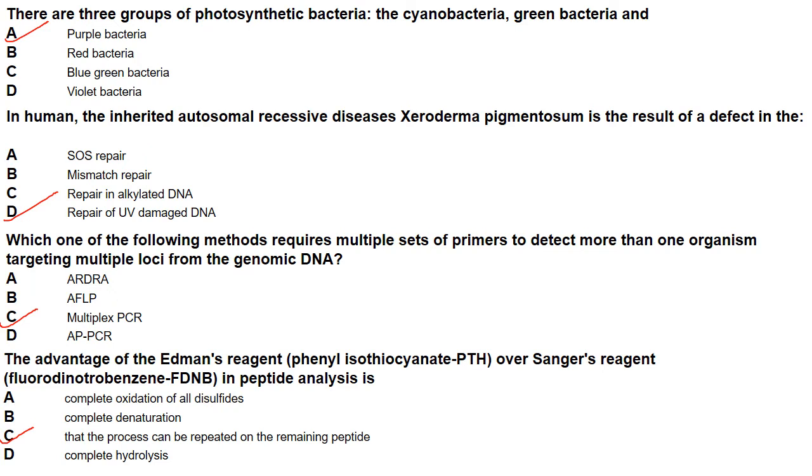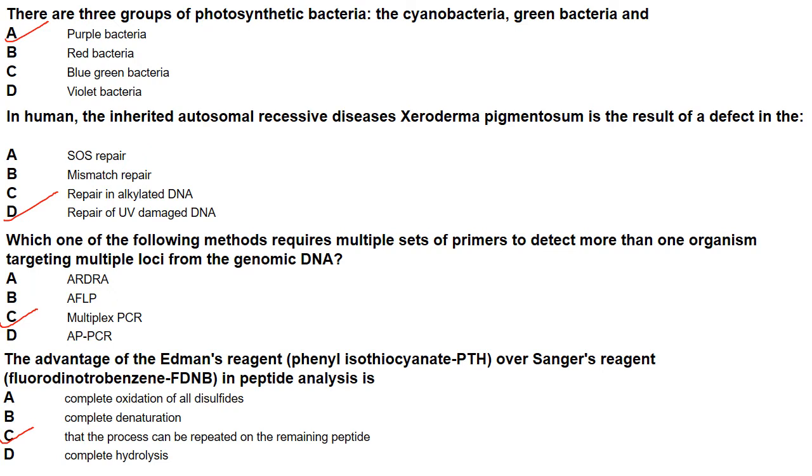Answer is option C. Then the advantage of Edman reagent phenyl isothiocyanate over Sanger's reagent FDNB in peptide analysis is? The process can be repeated on the remaining peptide.